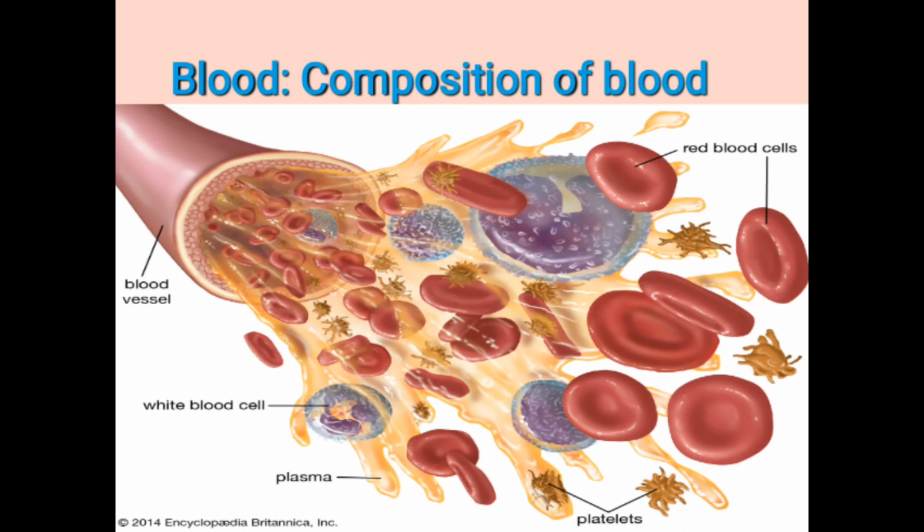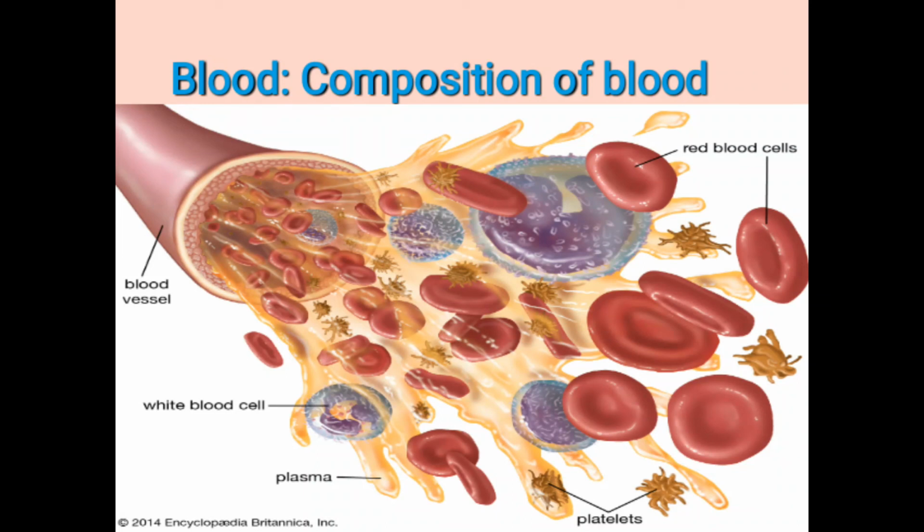And then there is plasma. Plasma, we are told, is the liquid part of blood, and it is the one that is able to transport water, minerals or nutrients, hormones, and many other things.